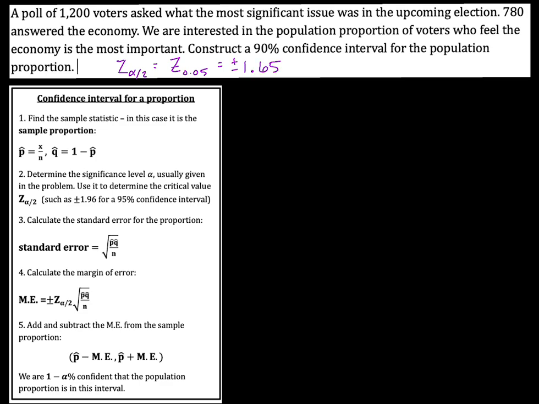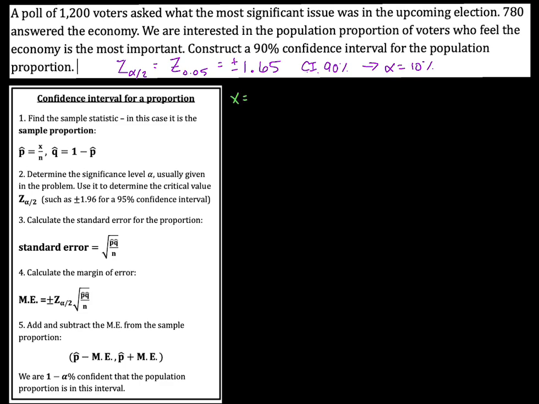Right, so a 90% confidence interval means alpha equals 10%, and then we divide that in half. Okay, so for this one, we're going to go ahead and calculate, well, let's say actually what x is.